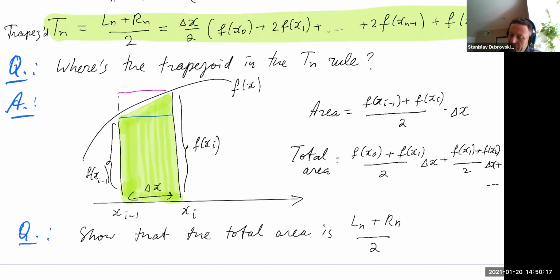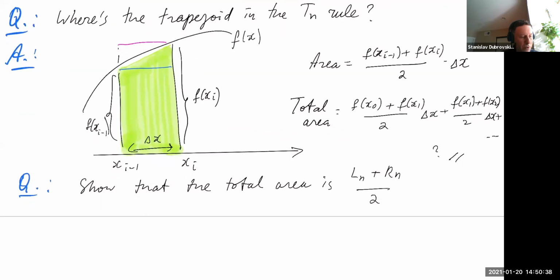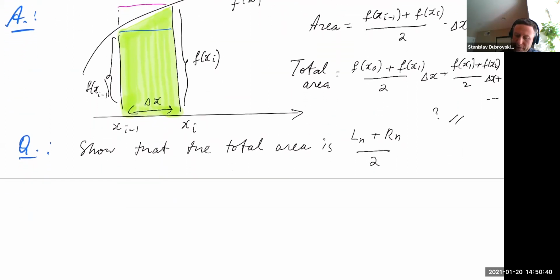So just massage this sum and show that that's equal. But why? That is up to you. Okay, so we've gone through the 4 simple methods which I promised. And now let's do an example. Next time we'll talk about Simpson's rule.